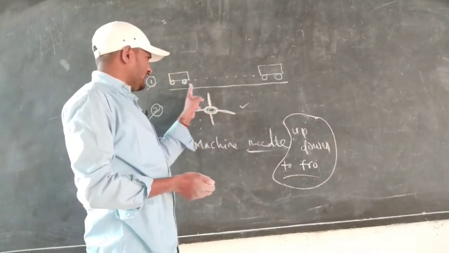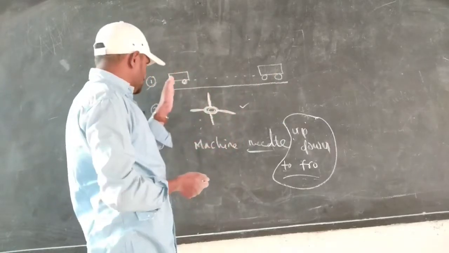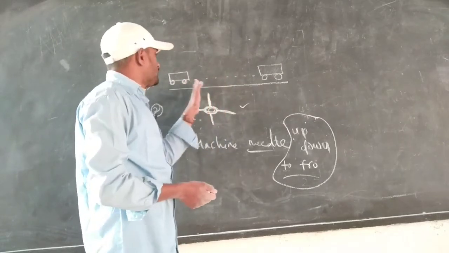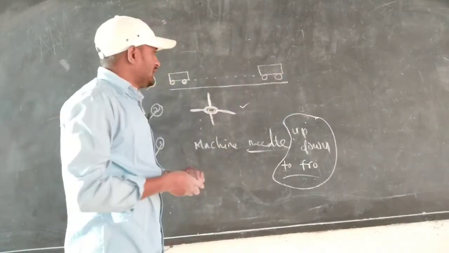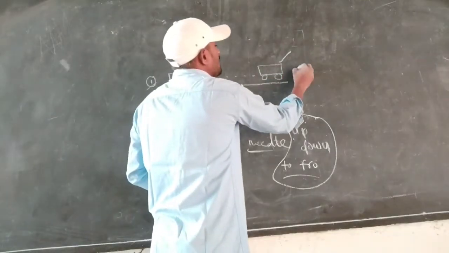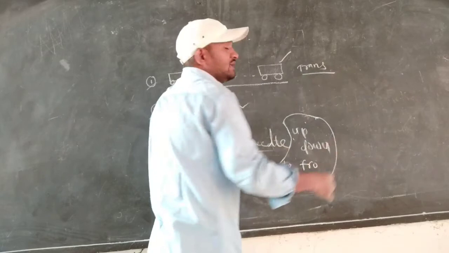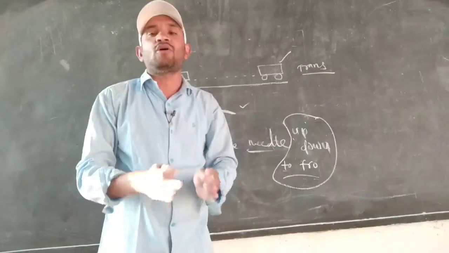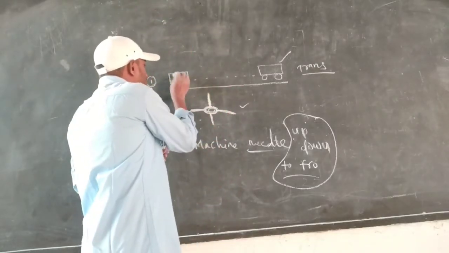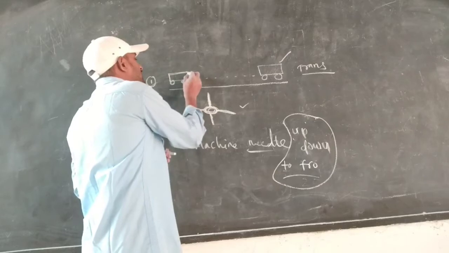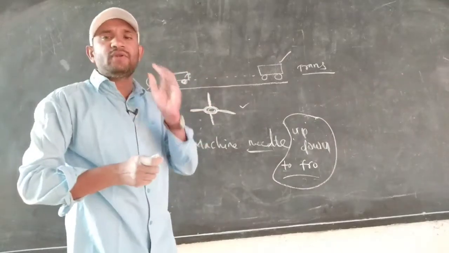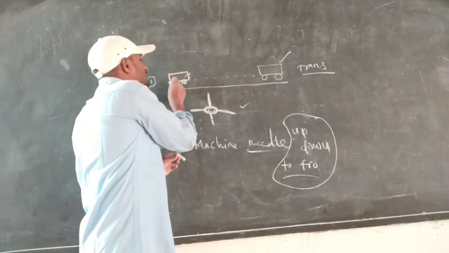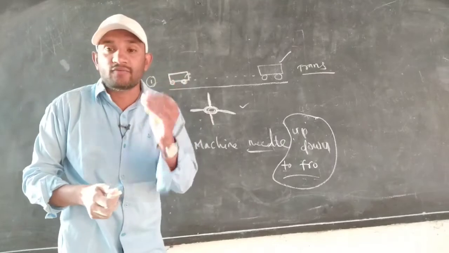The bus is moving along the road and changing its position every second. It is in which motion? Translatory motion. Because every second, every object here, tires, body, steering, headlights, whatever it may be, every point of this object is moving, changing its position every second.